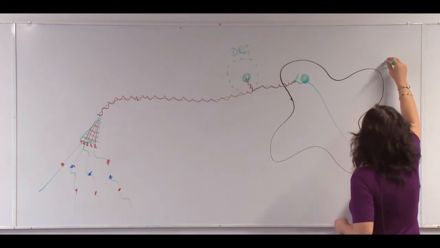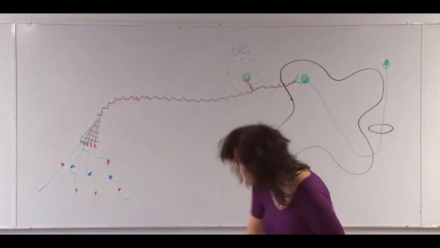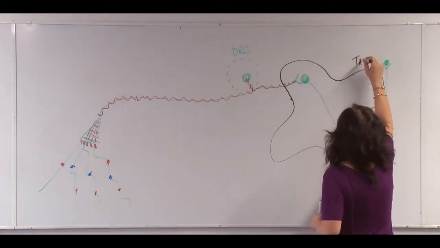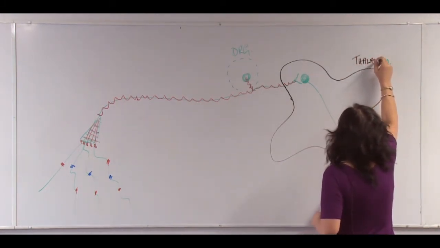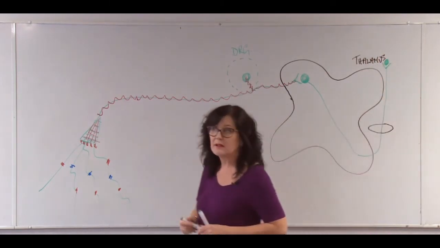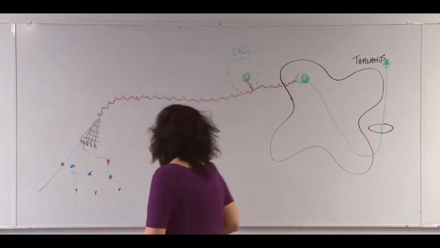So at the thalamus, we have another synapse. The thalamus is embedded within the limbic system, and this will become important later. We'll talk about this later.